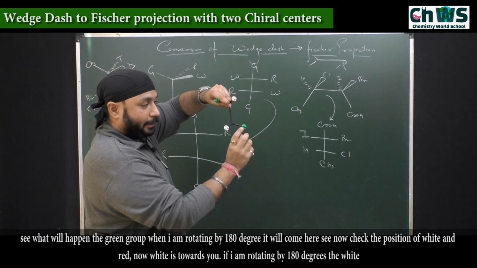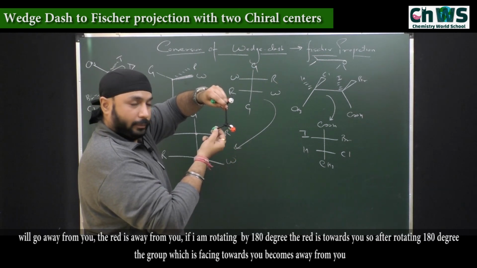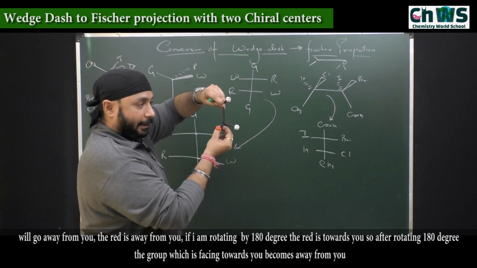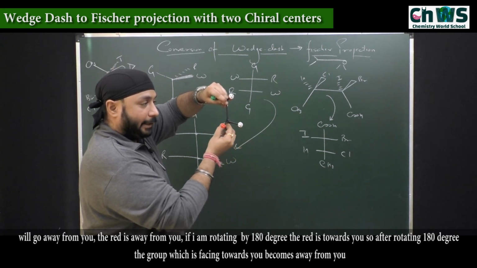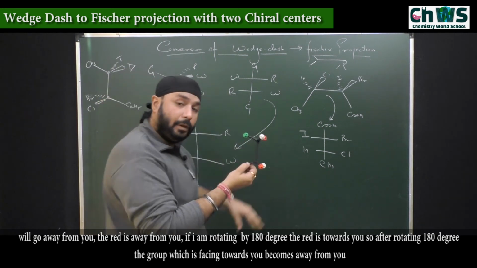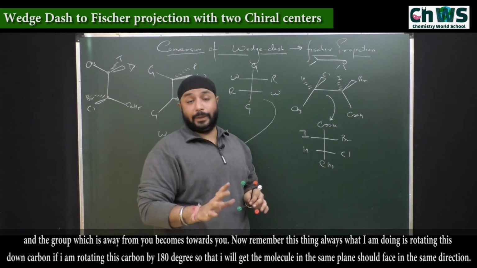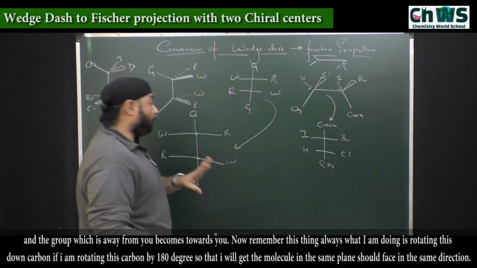If white is towards you, after rotating by 180 degrees the white will go away from you. The red is away from you, and after rotating by 180 degrees the red will become towards you. That means after rotation by 180 degrees, the group which is facing towards you becomes away from you, and the group which is away from you becomes towards you. Getting it? Now remember this thing always.